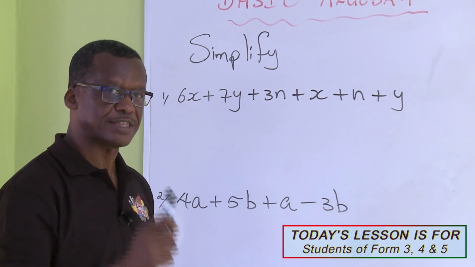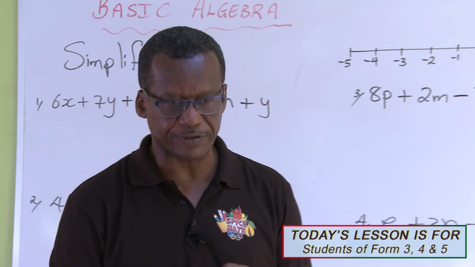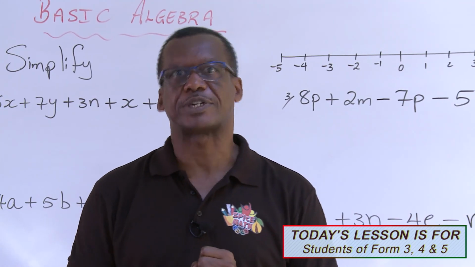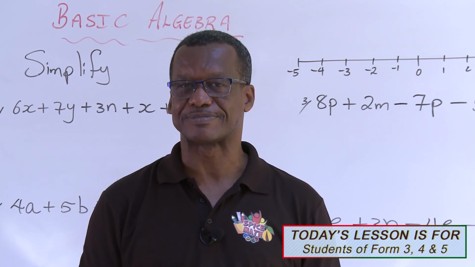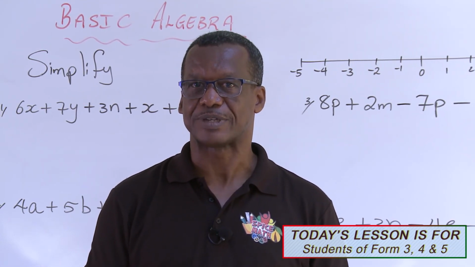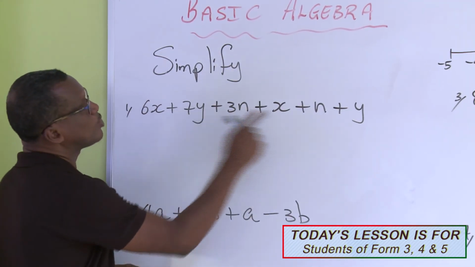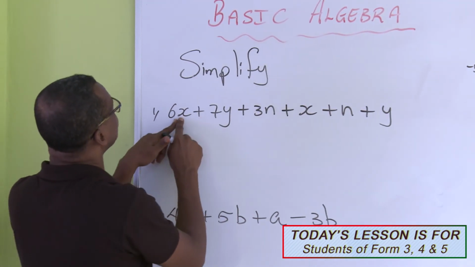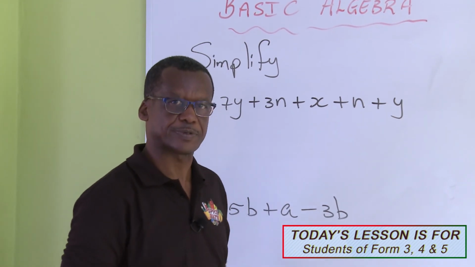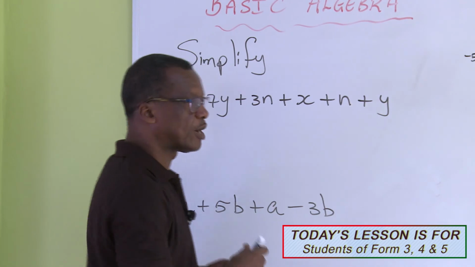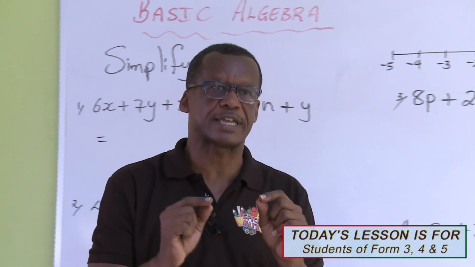If we identify the like terms, let's see if we can review the definition. Like terms were defined as multiples of the same variable with the same power. So in question number 1, all the terms that contain an x would be like terms. So I can now rewrite the expression keeping the sign that they have.